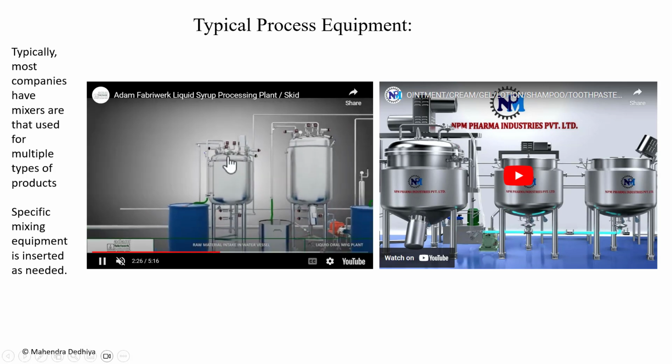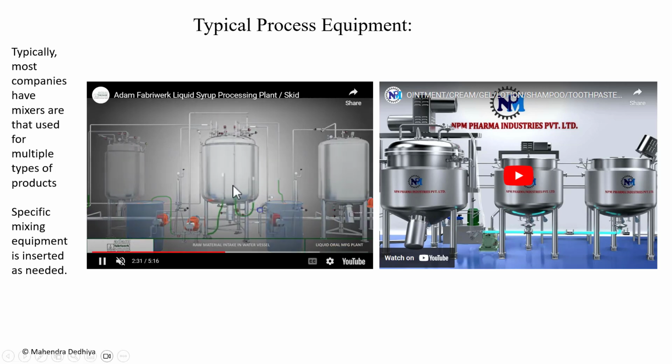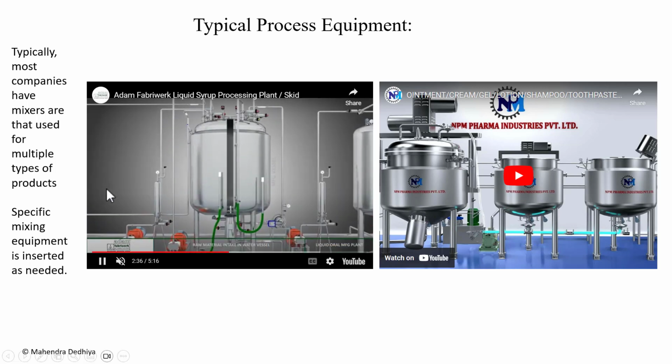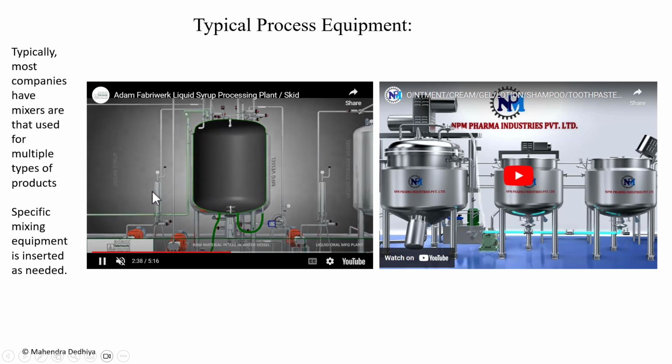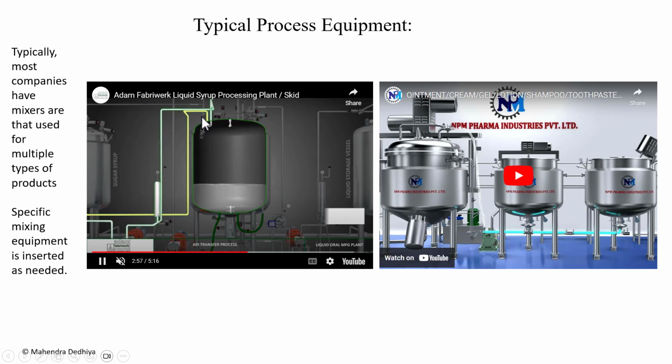Solid is hydrated for several hours. Everything then is transferred into the main mixer, including the aqueous phase, and then the hydrated material is transferred.